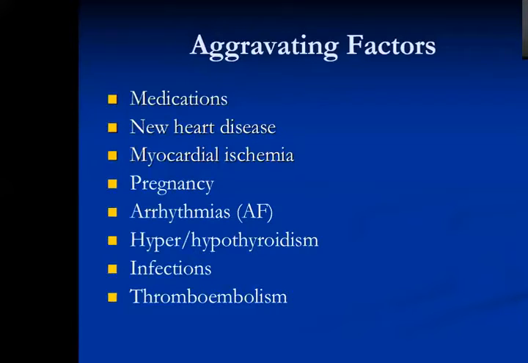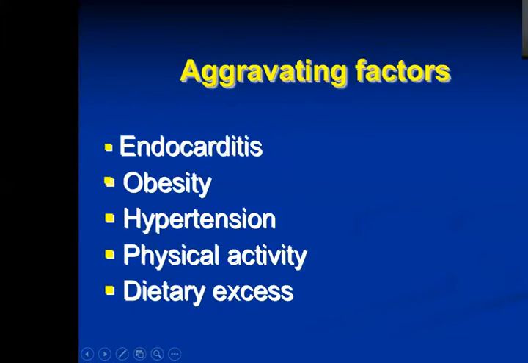And what are those aggravating factors which you have to look for in a patient of heart failure who's presenting to you with symptoms? Medications, any new acute heart disease, myocardial ischemia, pregnancy, arrhythmias, hyper or hypothyroidism, infections, thromboembolism, endocarditis, obesity, hypertension, physical activity, dietary excess.